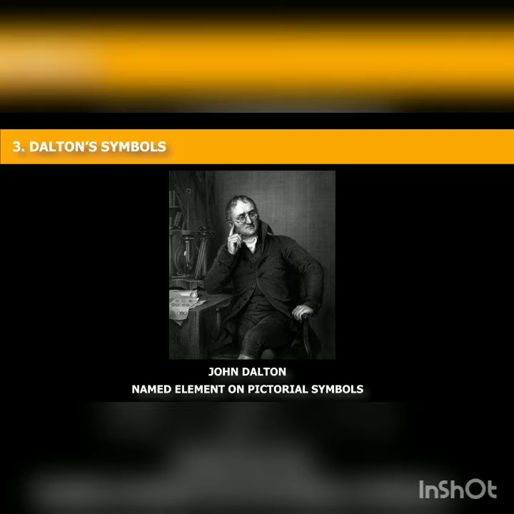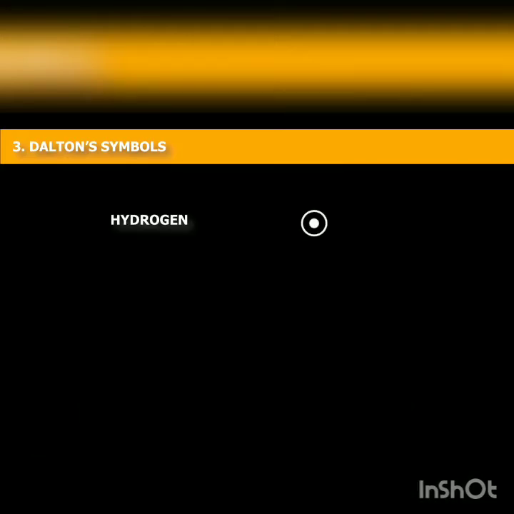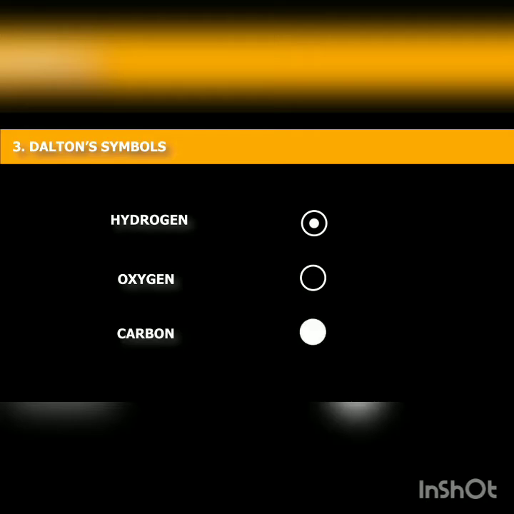For example, the hydrogen element was represented as a circle with a dot at the center. Oxygen was represented as a transparent circle. Carbon was represented as a shaded circle. These symbols were difficult to draw and hence they were replaced with an even better system of symbols.